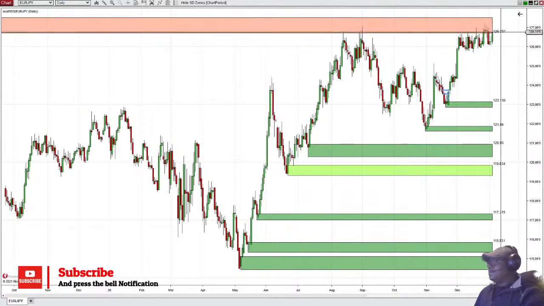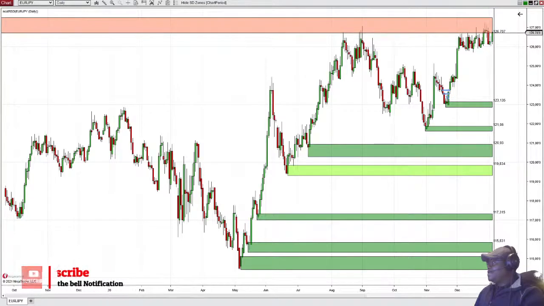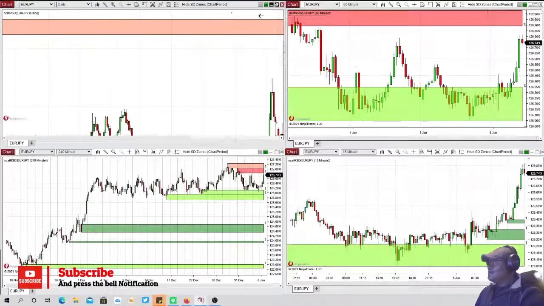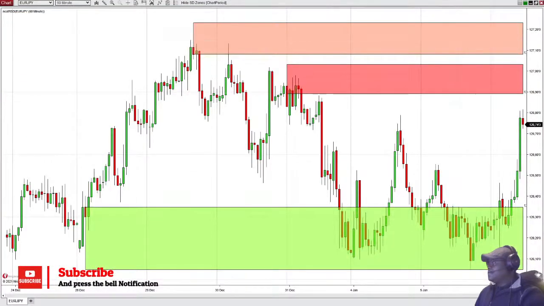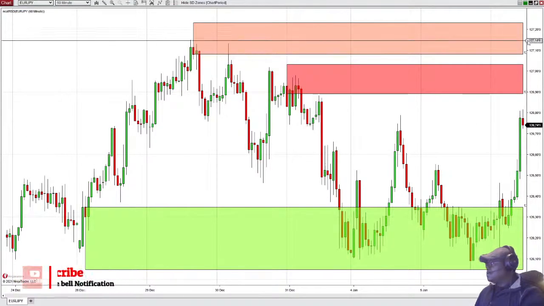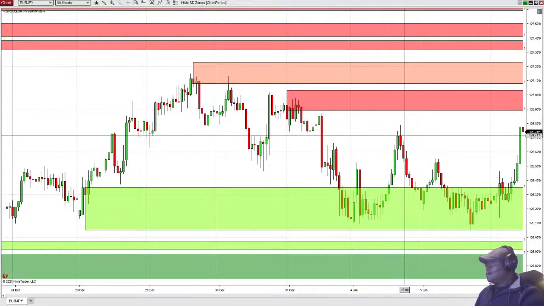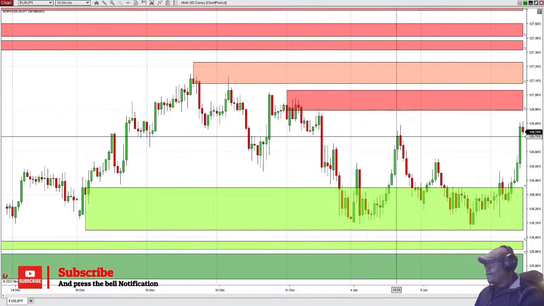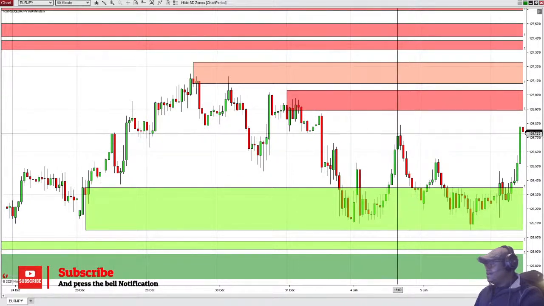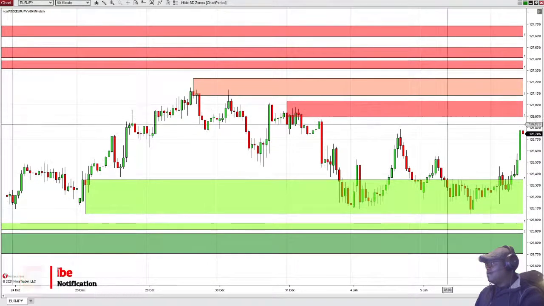Yep. So another test also on the supply on the daily Euro Yen. See for now. Yeah, the break of this, reaction to this one on the 1 hour.